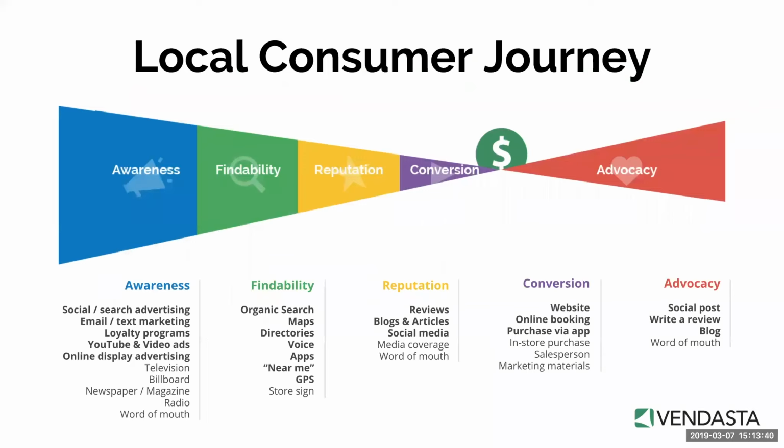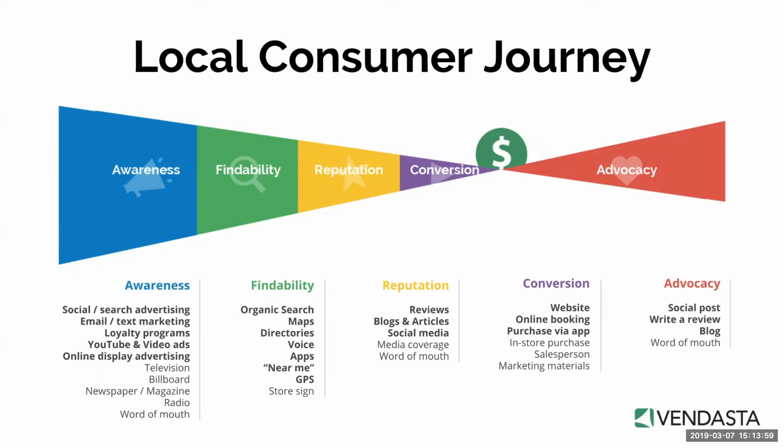So quickly before that, I'm going to just take you really quickly through the customer journey. So Vendasta has plenty of product offerings that are built to help you solve multiple different customer problems. And customers of local businesses travel through this consumer journey. And at any point, it's really easy to jump off.